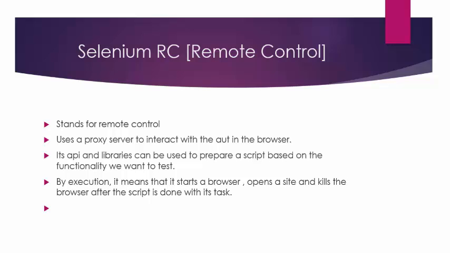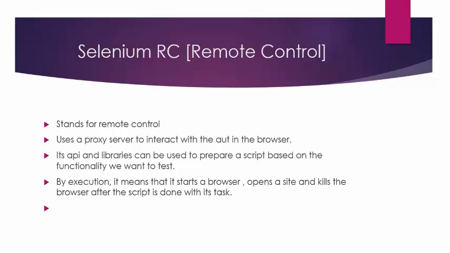The second component of Selenium is Selenium RC, which is called remote control. It uses a proxy server to interact with the application under test in the browser. It means that it cannot directly interact with the application.